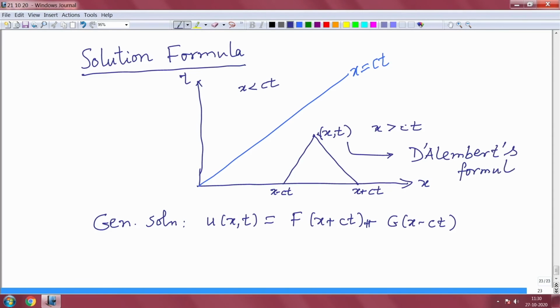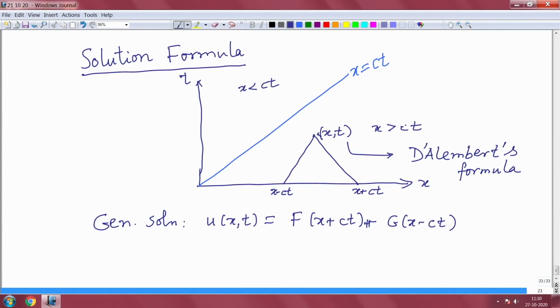So, geometrically also we can see that: the value of the solution at this point below the characteristic is not influenced by the boundary value, but the situation is quite different.